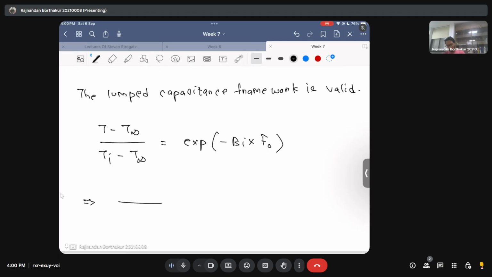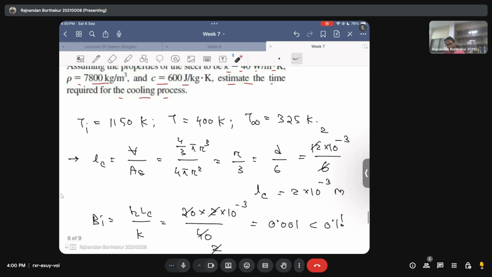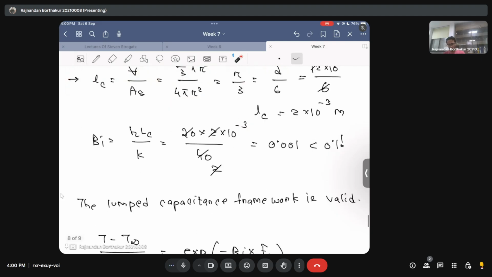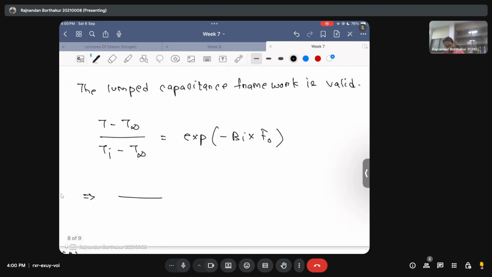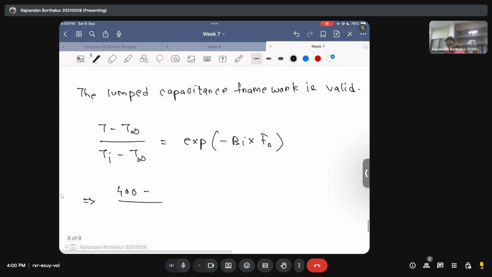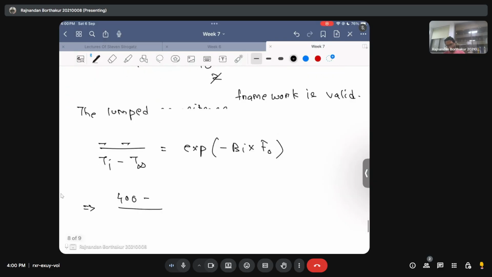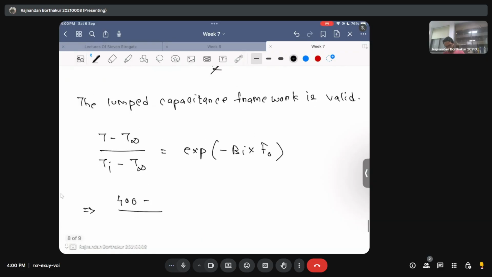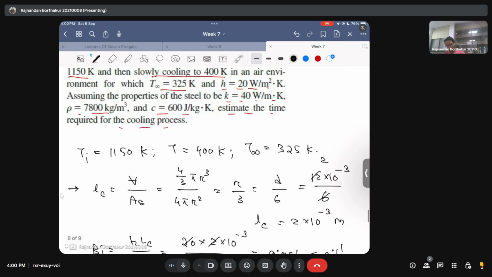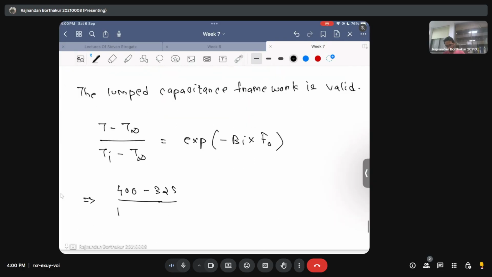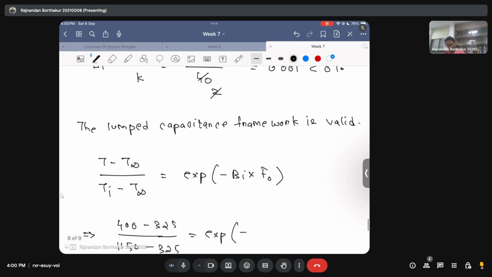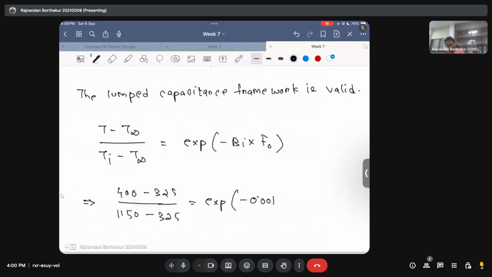For instance, we know that my T, which is the equilibrium temperature of the body, is 400, minus T infinity, which is 325, by the initial temperature of the body, which is 1150, minus T infinity, which is 325. And then this is exponent of the Biot number we have already calculated, 0.001, times the Fourier number.